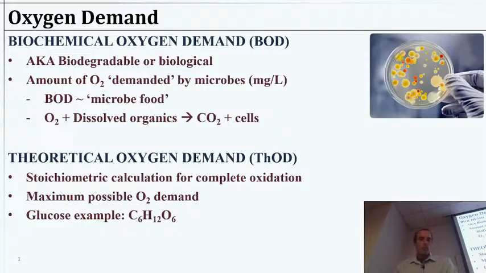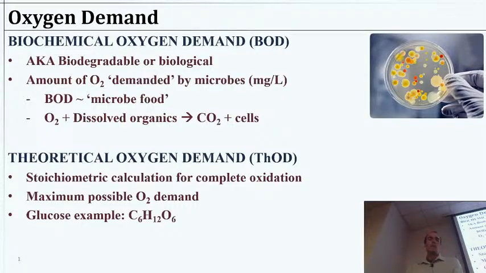So, as we talked about, it's essentially microbe food, right? BOD, this biological oxygen demand, or oxygen demanding substances might be a better way to describe it. It's essentially the amount of biodegradable stuff. So what we are going to quantify is the amount of oxygen demanded according to allowing bacteria to eat this stuff.